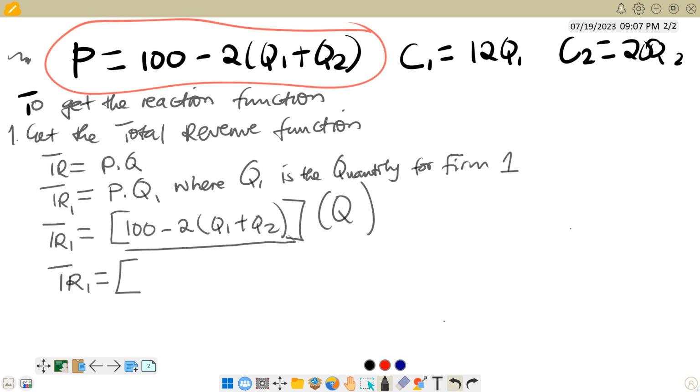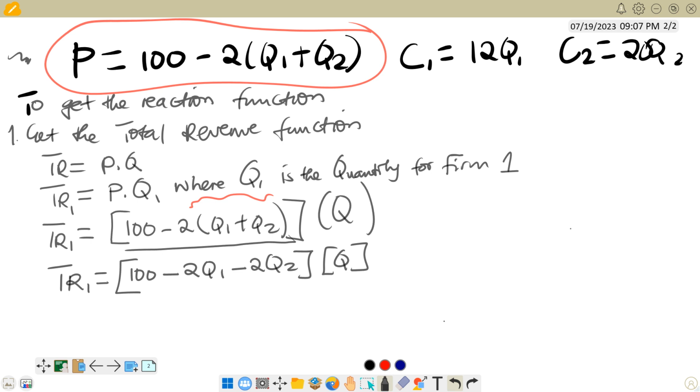First thing first, can we open those brackets, so that we have 100 minus, and we distribute the 2 throughout: minus 2Q1 then minus 2Q2. This should be multiplied by quantity.